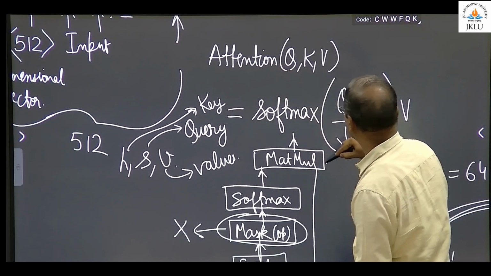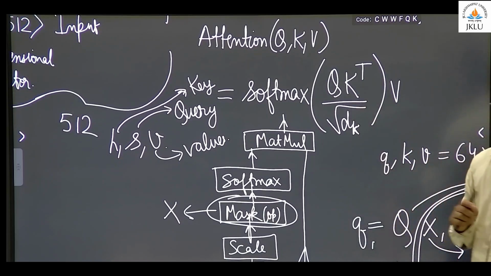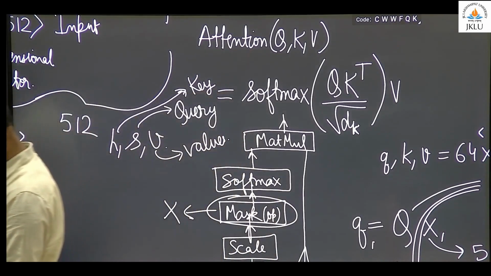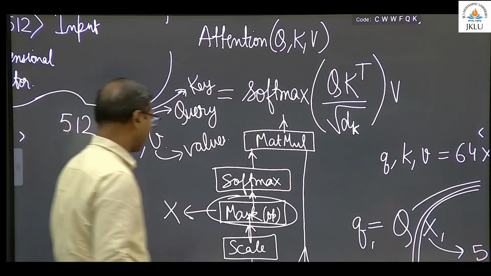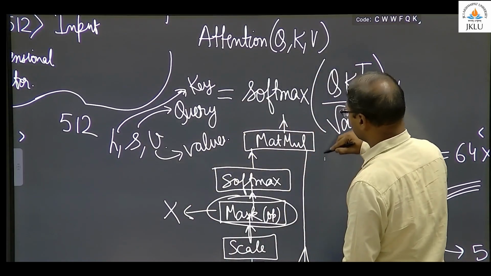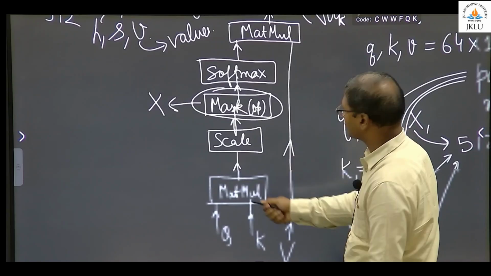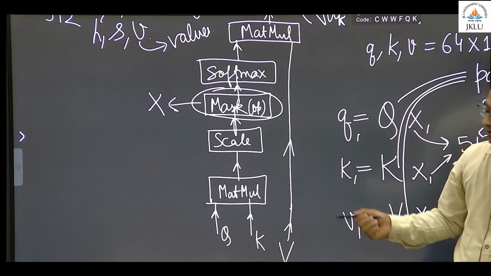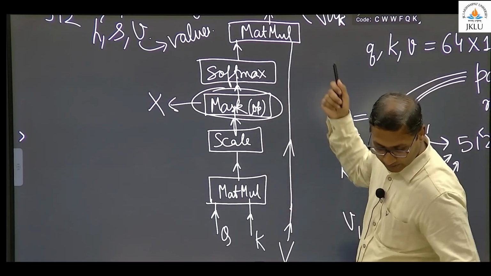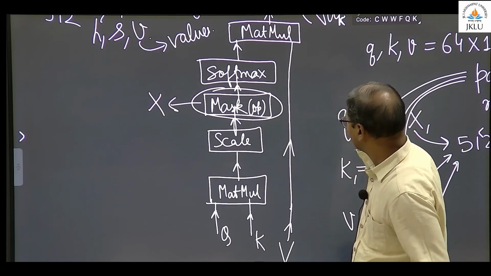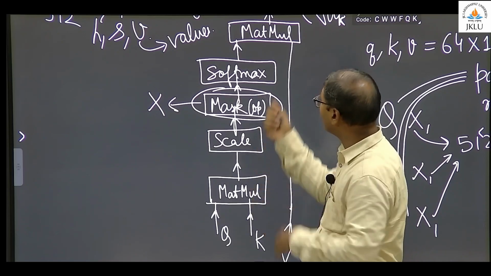Any questions on this particular equation? Now this, if you see, is the same as what we did before in attention. This is not different from that particular thing. So how do you compute this?